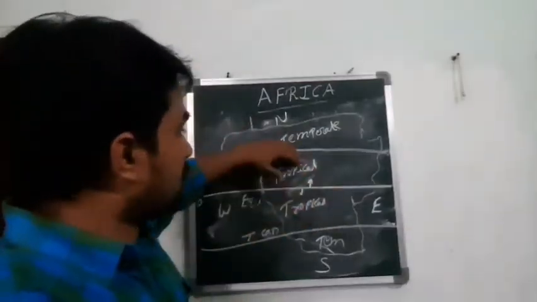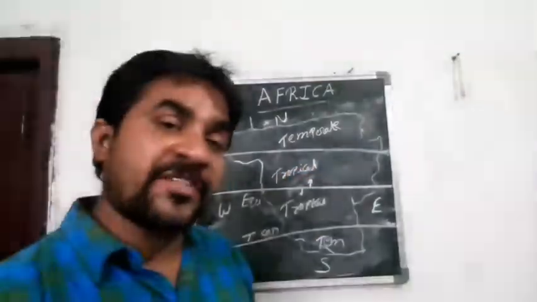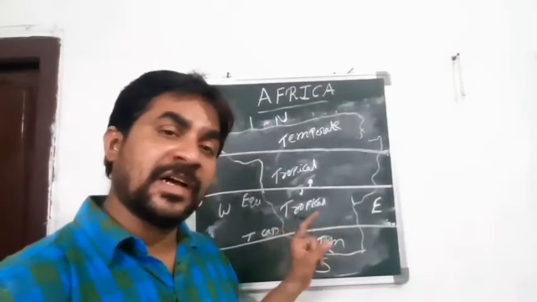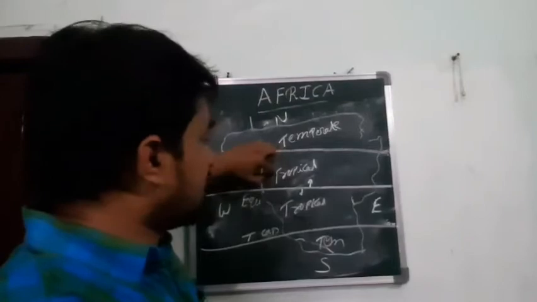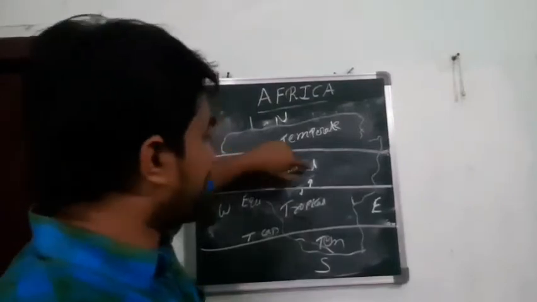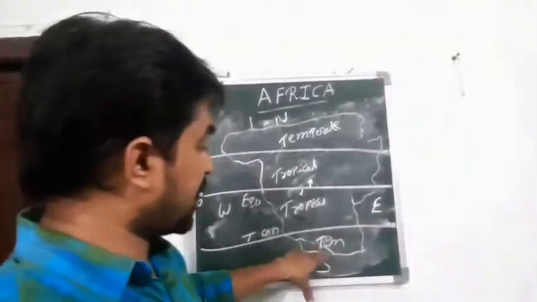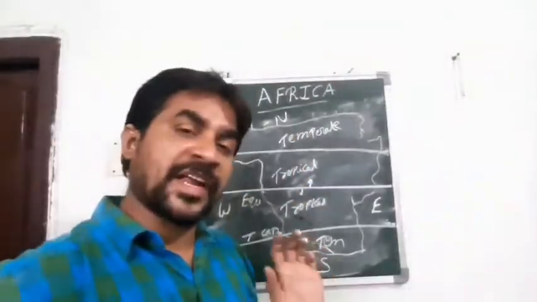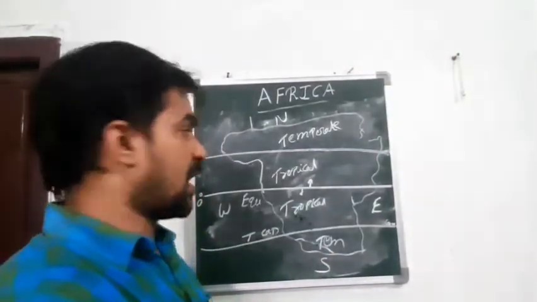Because of high temperature, the rainfall also comes very high. And the temperate zone, the northern side of the Tropic of Cancer and the southern side of the Tropic of Capricorn, has moderate rainfall, not high and also not low.